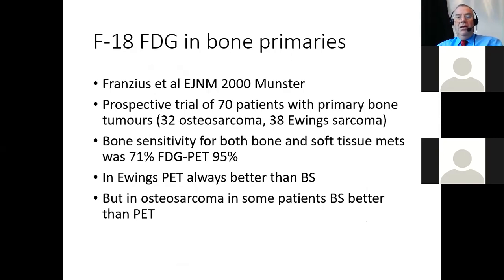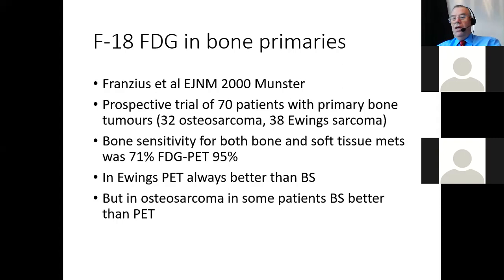And here you have an advantage because unlike the bone scintigraphy, the FDG can be very positive in patients with Ewing sarcoma. And you can see that when they were looking for both the bone and soft tissue disease, that FDG PET found 95% of all known lesions, but bone scintigraphy only 71%.